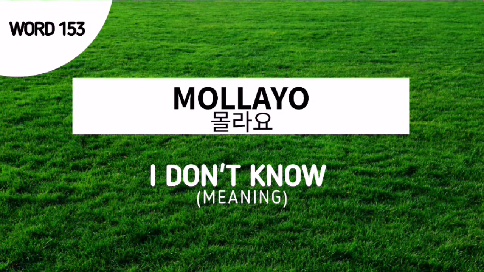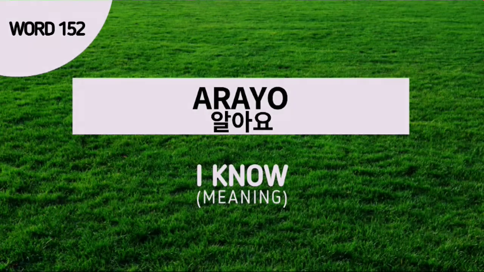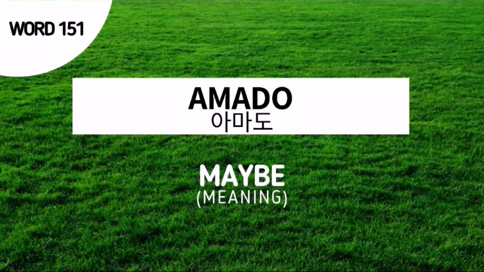Word number 153 is 몰라요, and it means I don't know. Word number 152 is 알아요. It means I know. Word number 151 is 아마도, which is used to say maybe. This can also be used to say it's likely.